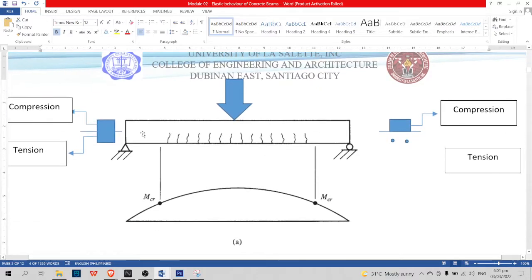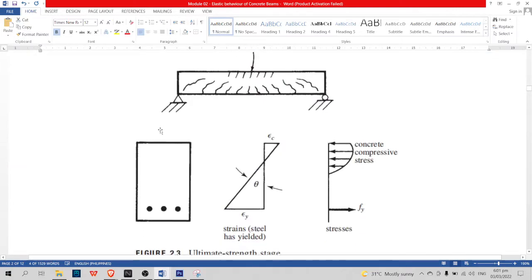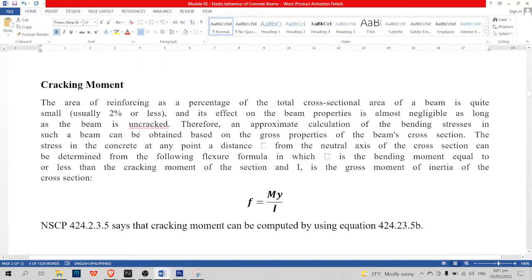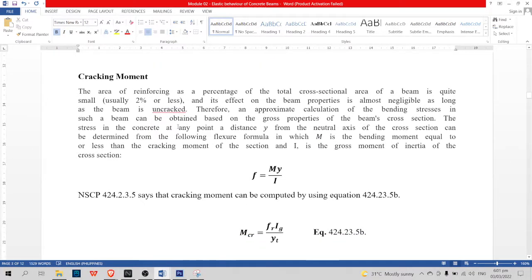So ayun. So let's proceed doon sa cracking. Okay. So dako na tayo sa cracking kasi ito yung magiging crucial part natin.